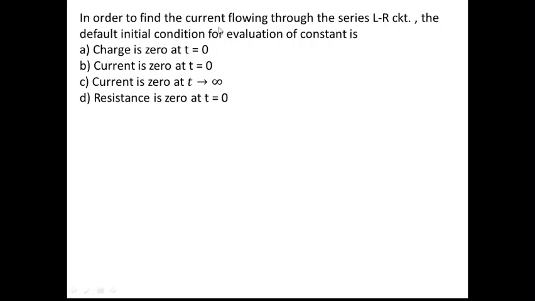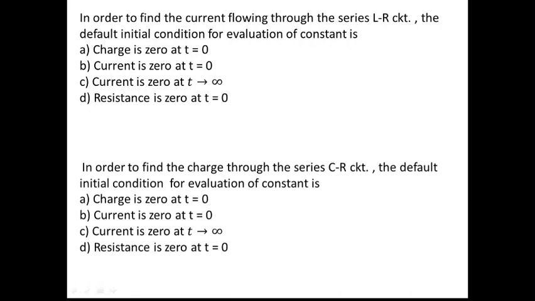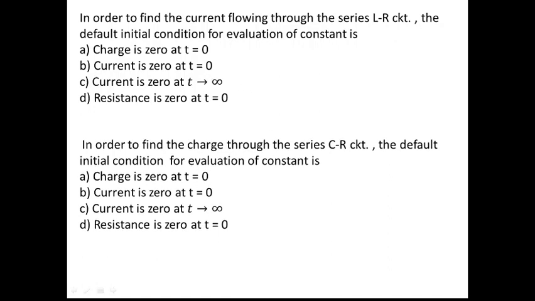When we are finding the current, the default initial condition is always that the current is 0 at t equal to 0, right? So this is the default initial condition. That's why option number B is the correct one.